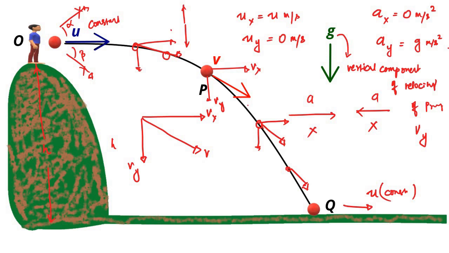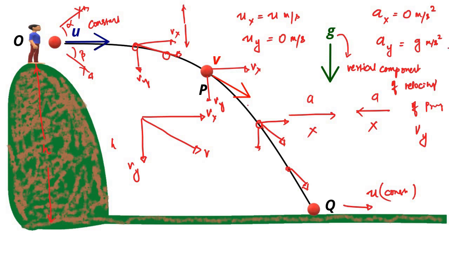So this Vx, the horizontal or x component, stays the same, that is equal to u. Throughout the motion, the initial velocity along the horizontal direction stays the same at all the intermediate points.